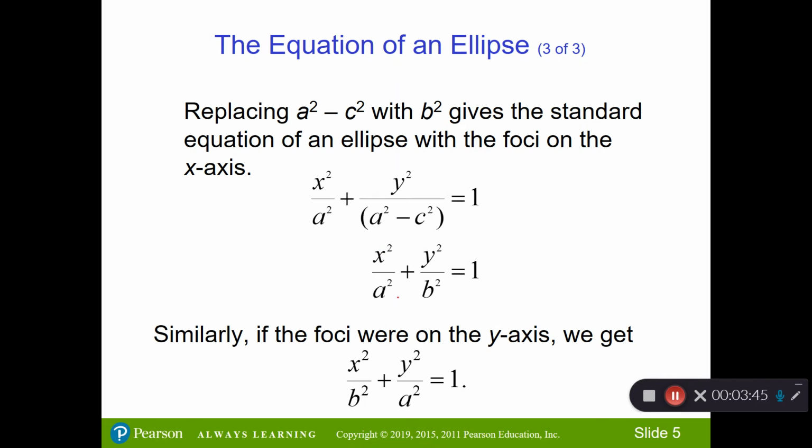So I can put it into that form: x squared over a squared plus y squared over b squared equals 1. That one was elongated along the x-axis. If I elongate along the y, it switches. But you don't actually need to remember that. The main thing is that the number under the variable shows which axis it's elongated on. So whichever has the bigger number.